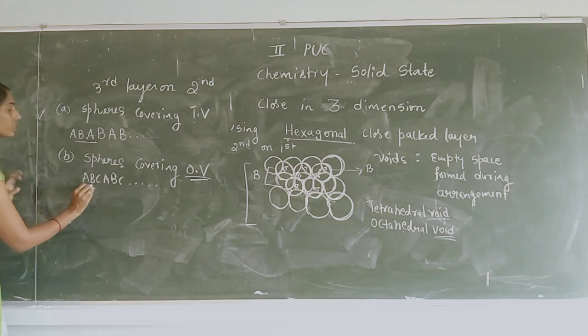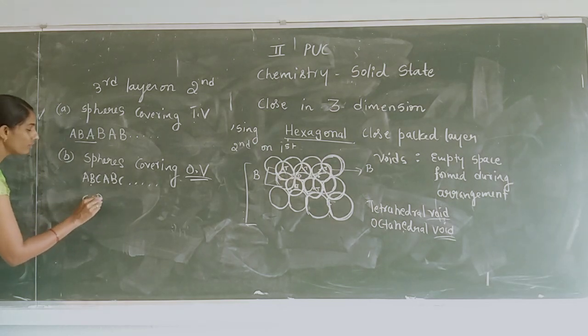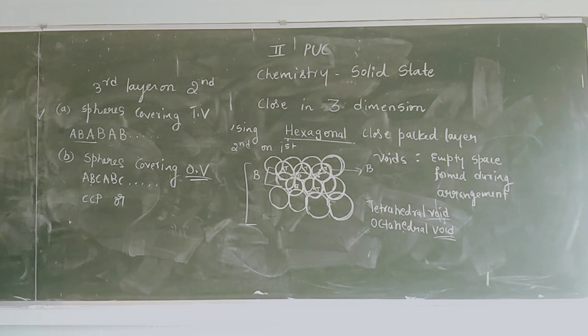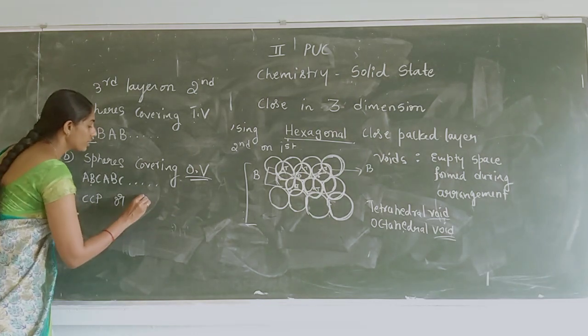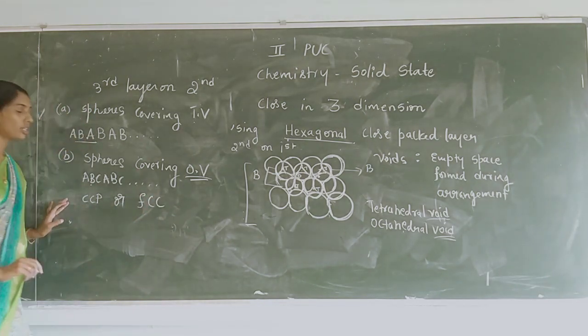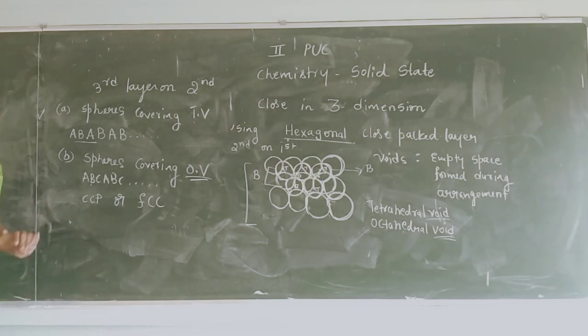Okay, so this ABC pattern is also called CCP, cubic close packing, or it is also called FCC. That structure is also called FCC. So we will see how the structure is equal to the FCC.